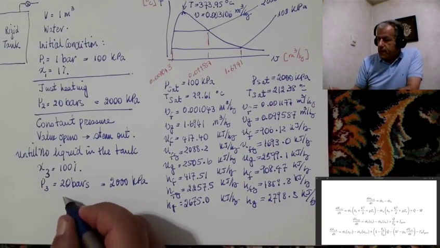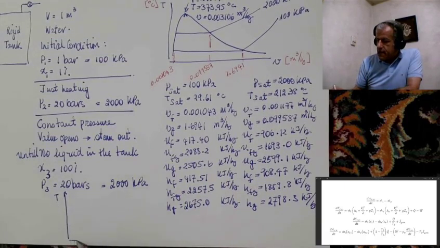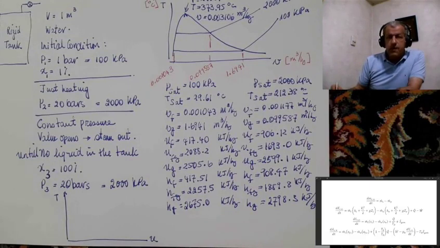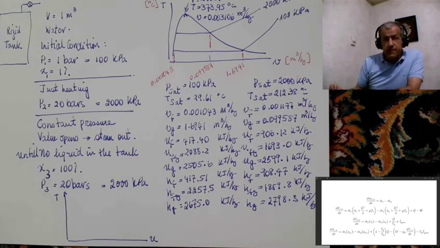And if this is a T and U diagram, how would the saturation curve look like in this figure?